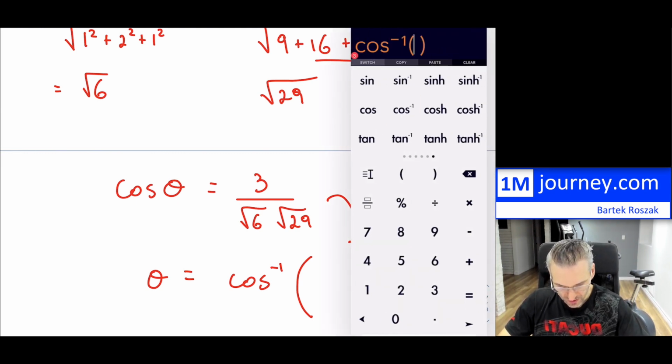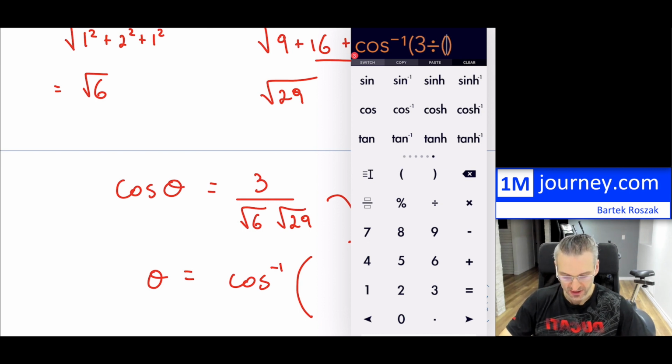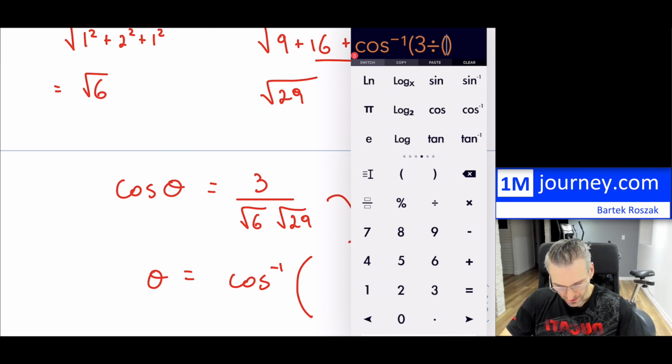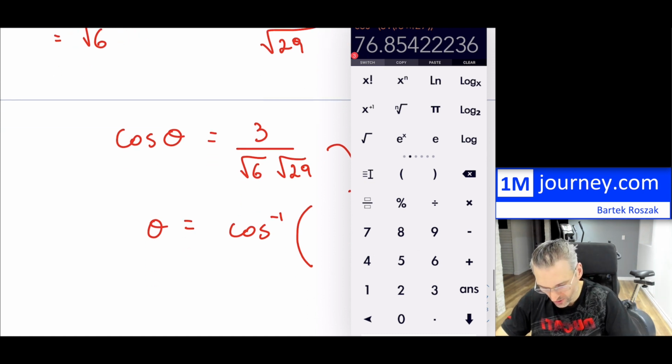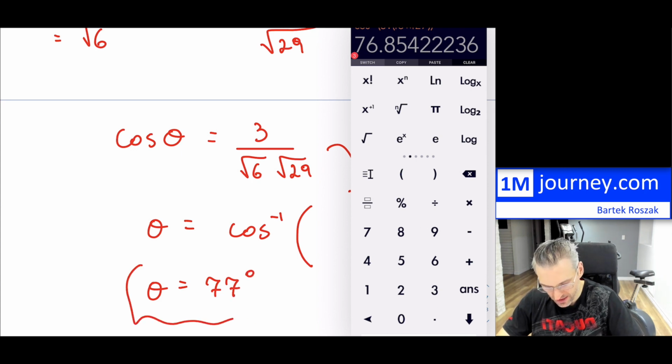So here's the inverse. It's going to be 3 divided by, let me put the denominator in brackets, square root of 6, and then that square root is multiplied by the square root of 29. So I can close this down and hit equals, and there you have it. The angle in between those is 76.8, so let's say 77 degrees, approximately.